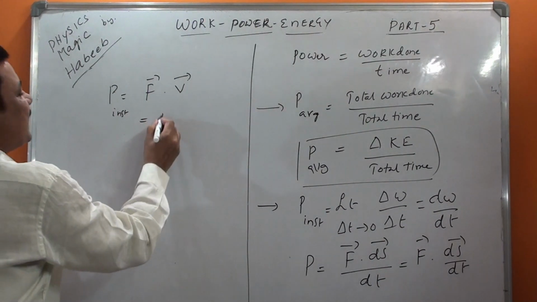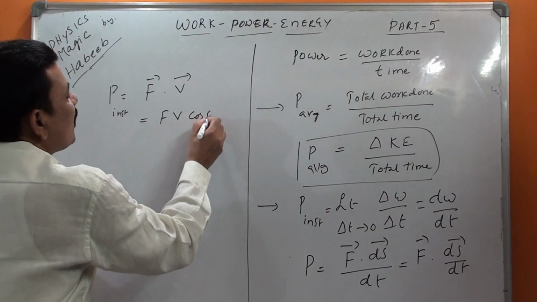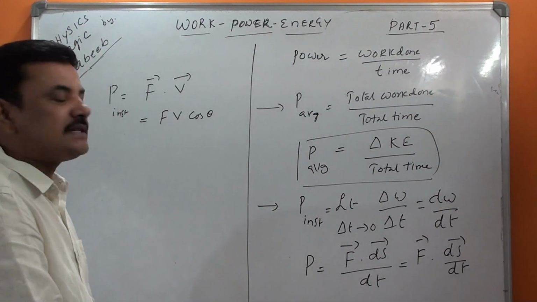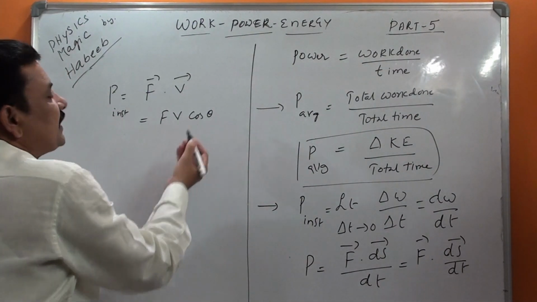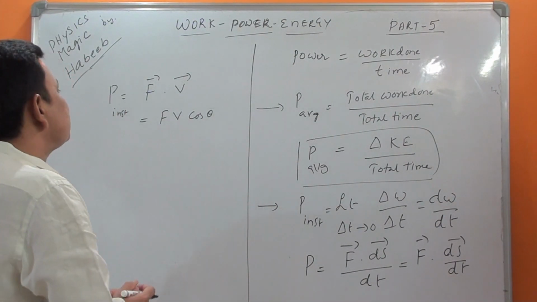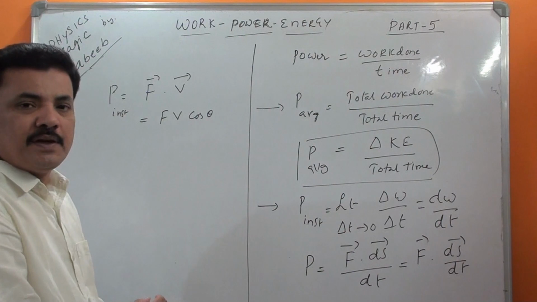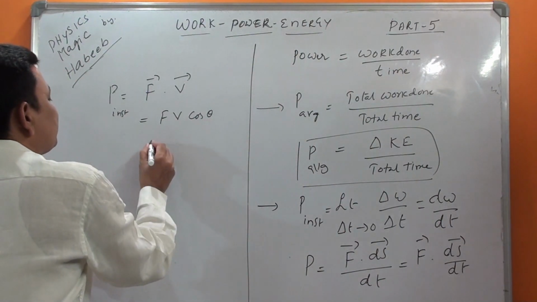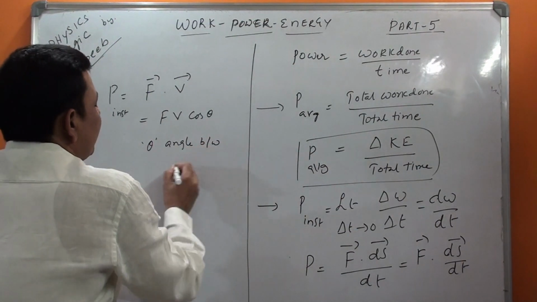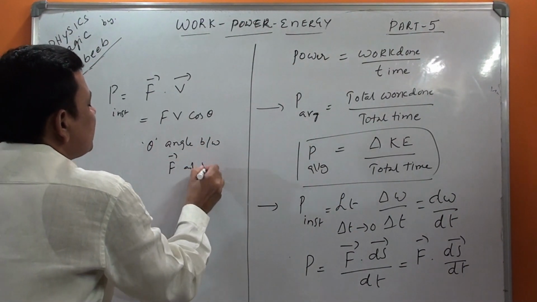So this is another form of instantaneous power formula. Further, I can write like this: Fv cos theta, where theta is the angle between the force vector and the velocity vector. And you also know that if theta is 0, cos 0 is equal to 1, power becomes maximum. Theta is the angle between f bar and v bar.